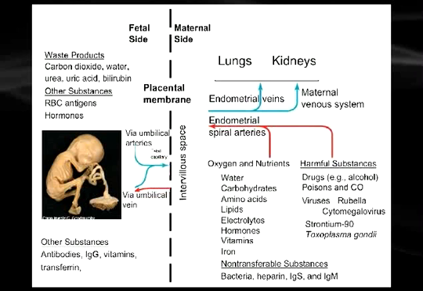The viruses, including rubella and cytomegalovirus. You can have radioactive substances such as strontium or Toxoplasma gondii, bacterial infections. Other substances that will cross readily will be antibodies, IgG, vitamins, and transferrin.